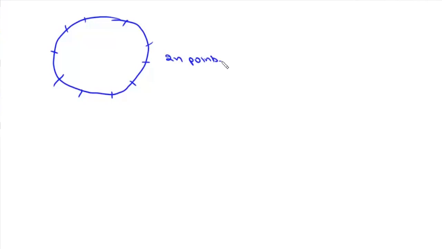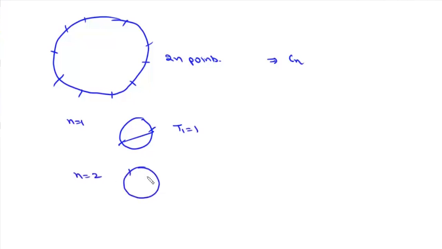Then the number of ways in which these points can be connected in pairs such that the resulting line segments do not intersect is given by Cn. Now if we take n as 1, then there will be 2 points on this circle, so there is only one way. So suppose it is t1, and t1 is 1. Now if n is 2, we have 4 points.